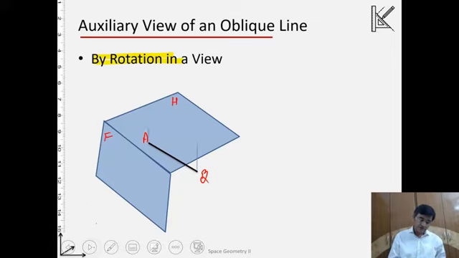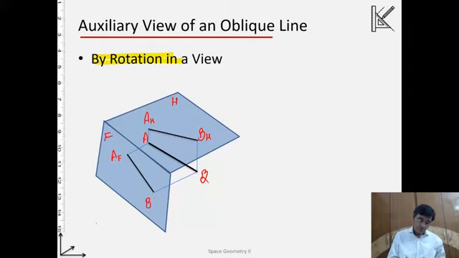So the projections of this are like this. I can write these as A H and B H on the horizontal. If this line is projected on the frontal, these two ends are A F and B F. They are the projections of the line.